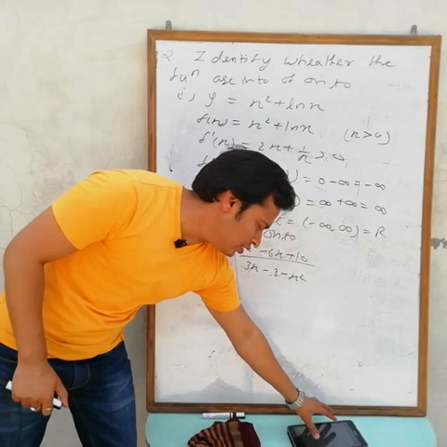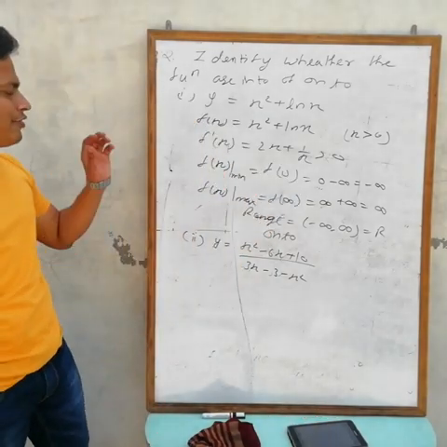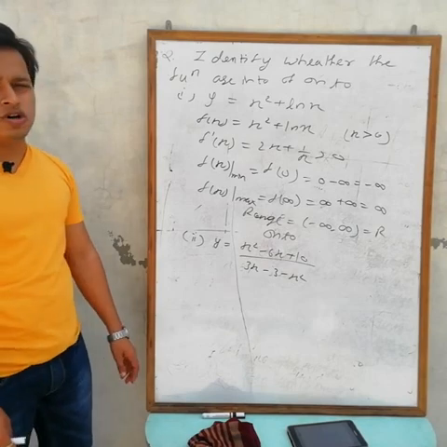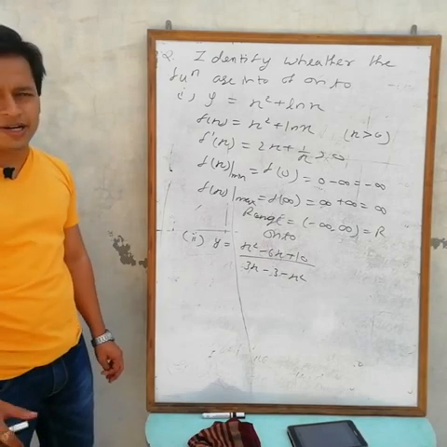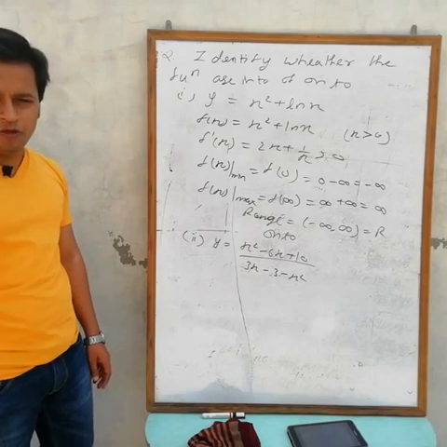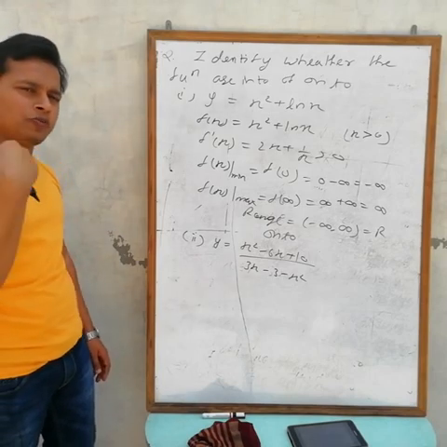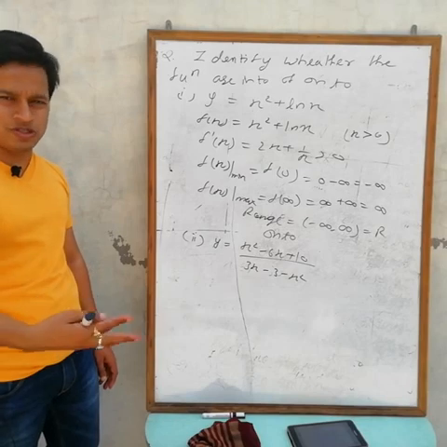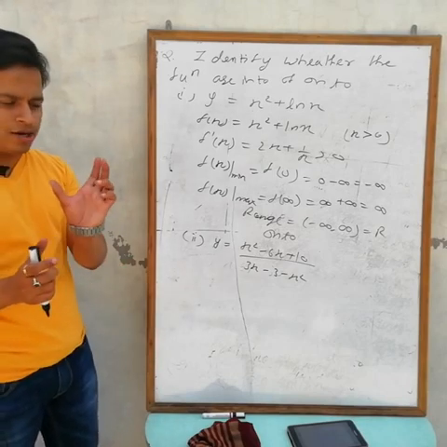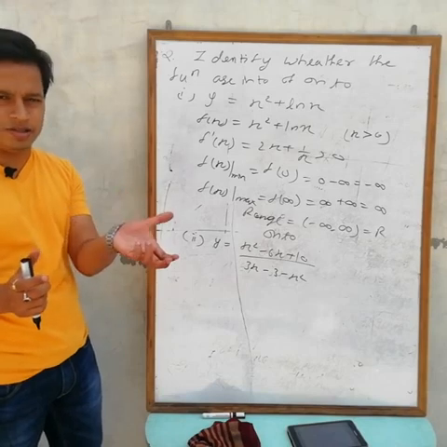Again we want to identify whether this one is onto or into. To get onto or into, I have to find the range. So first find all the possible values of y. If the value of y goes from minus infinity to plus infinity, it means R, it means equal to the codomain, then this is onto. Otherwise, if y can take values only from an interval, then this one is into.